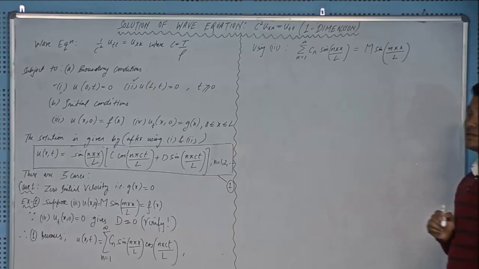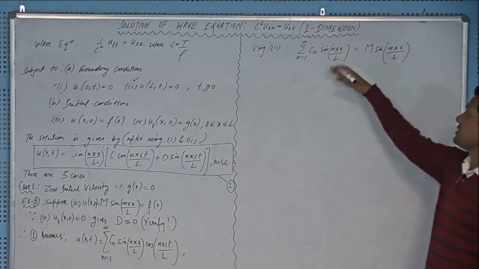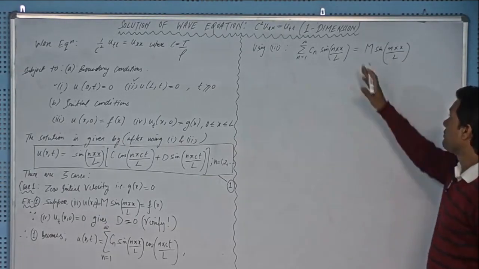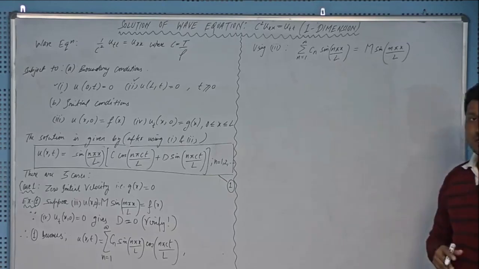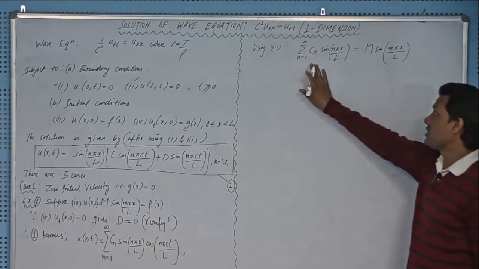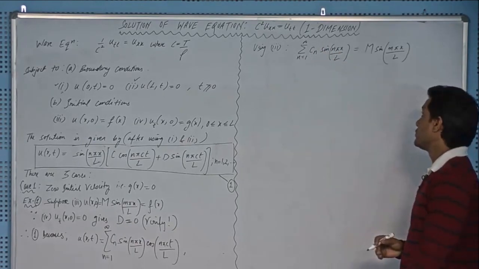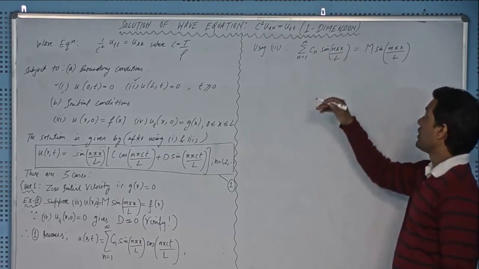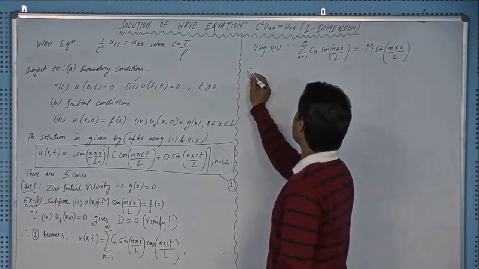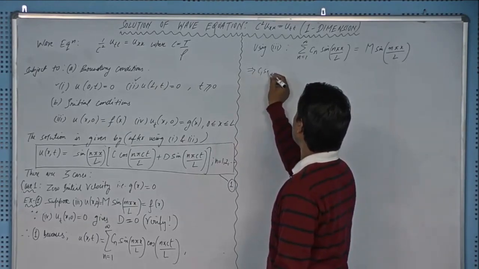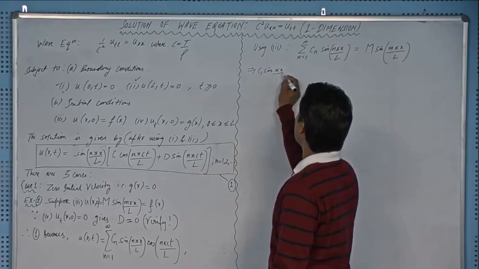Fine. Now you have to do a comparison, because luckily this time both terms contain sine terms, so you can compare them. First you allow yourself to put n equal to 1, 2, 3 and so on, and then you will be comparing these two sides. If you put n equal to 1, you will get something like C1 sine(pi x over L).